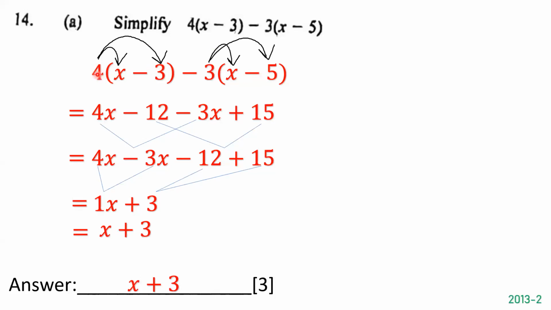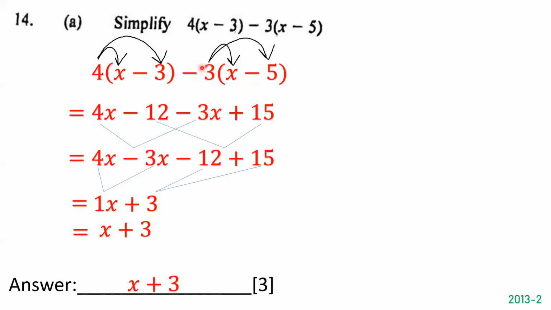So we say 4 times x, which is going to be 4x. And then we have 4 times 3. Well, 4 times 3 is definitely 12, and we keep the negative sign. Next, we say negative 3. We have to multiply negative 3 by each term that's inside of this parentheses. Negative 3 multiplied by x is going to be negative 3x.